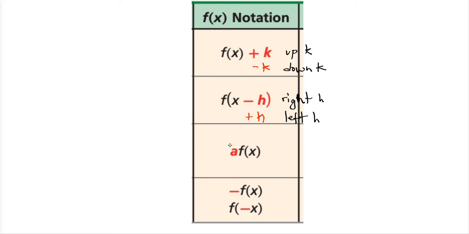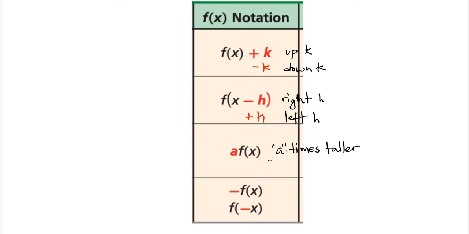If you have a number multiplier in the front, that's how many times taller it is. The other way to phrase this is a vertical stretch or vertical compression.